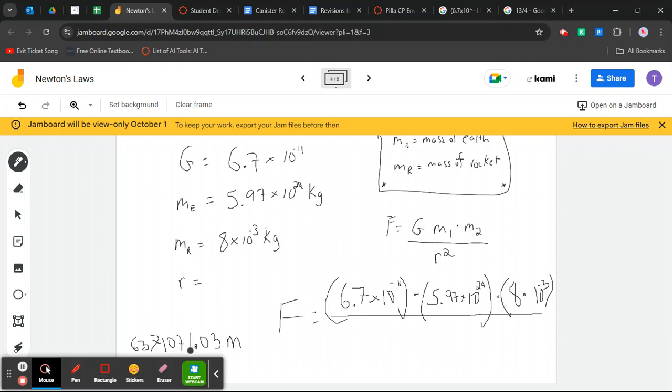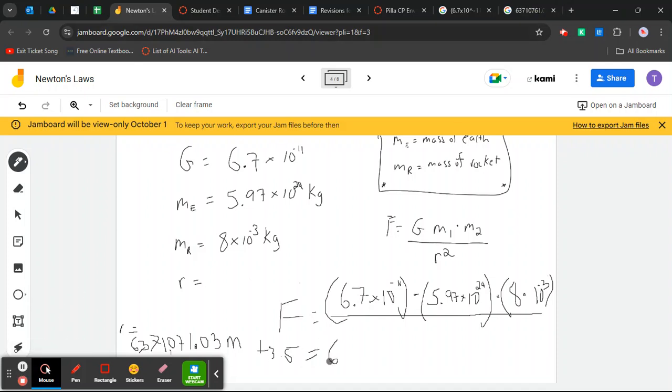So let's do that. This is the radius of the Earth: 6,371,071.03 meters. So I'm just going to add my number, my 3.5, to that, plus 3.5 equals, and I'll find the answer.